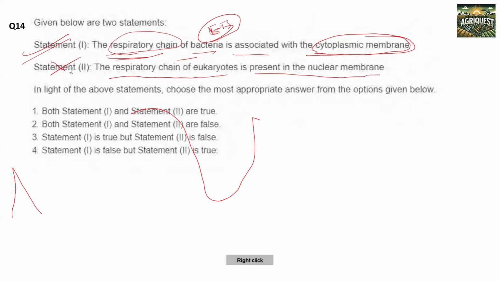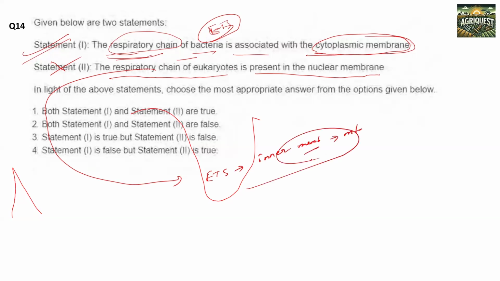It is incorrect, because in the eukaryotic cell the ETS chain is present in the inner membrane of the mitochondria. So statement 1 is true, statement 2 is false. The third option is correct.